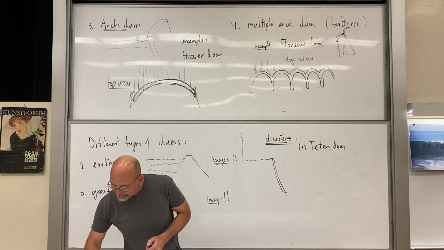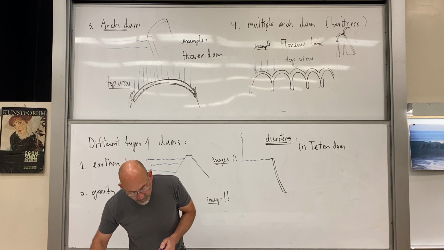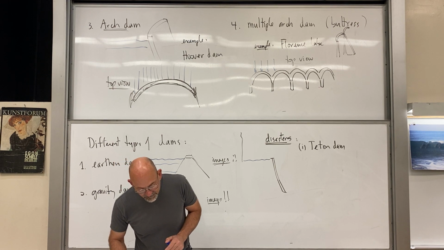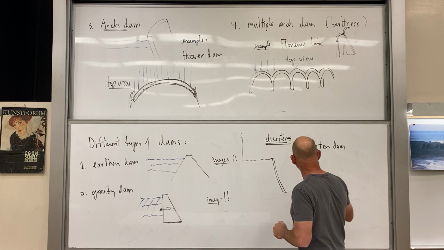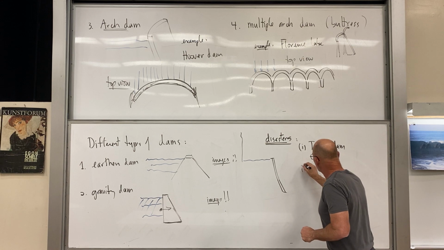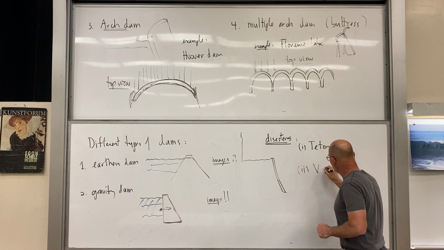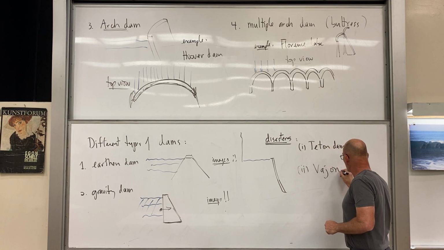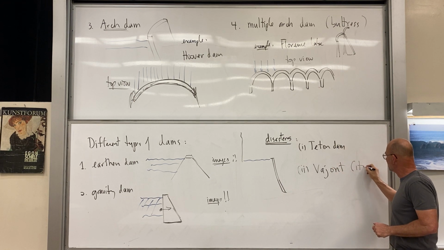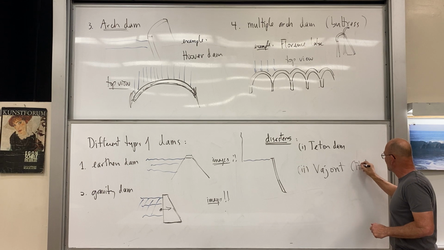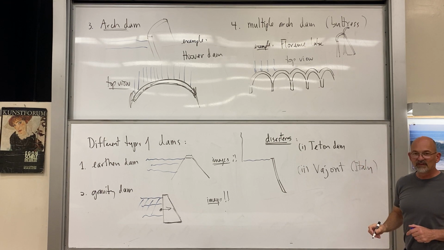I have the name there. Hope I wrote this down right. So Teton Dam, and the Vajont Dam, V-A-J-O-N-T. This was Italy. I think 1963.